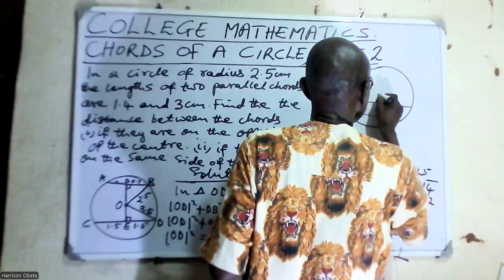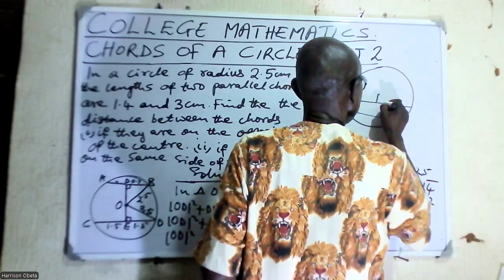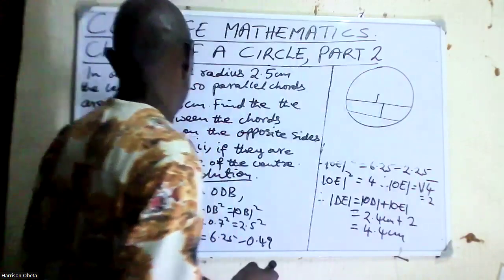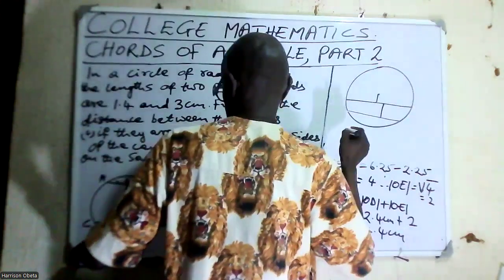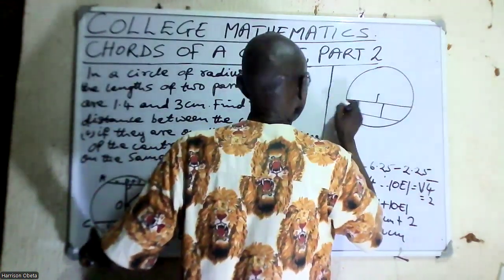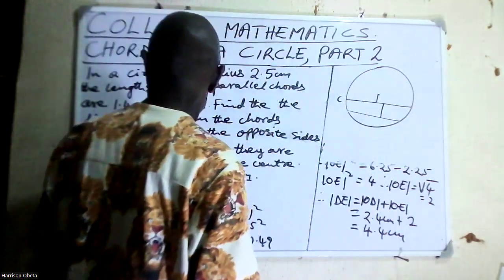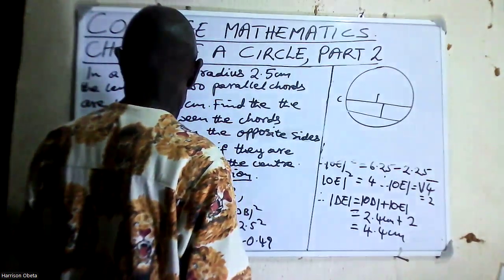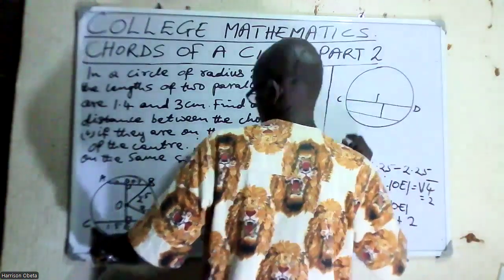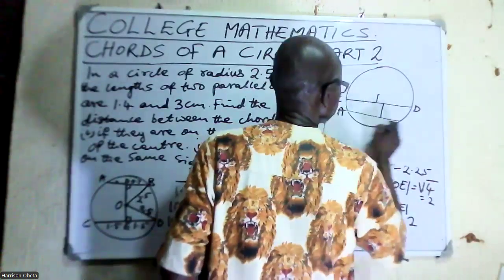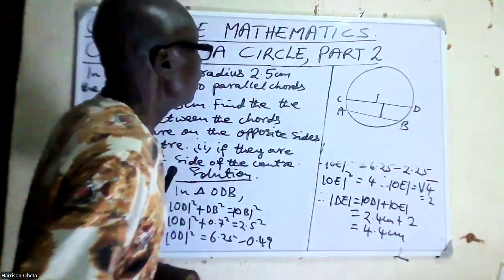Now, we are talking of the distance between this and this. So this is CD, and the other one is AB.